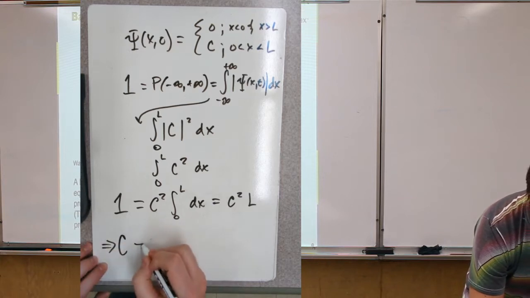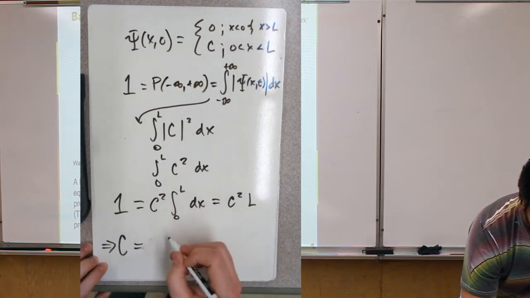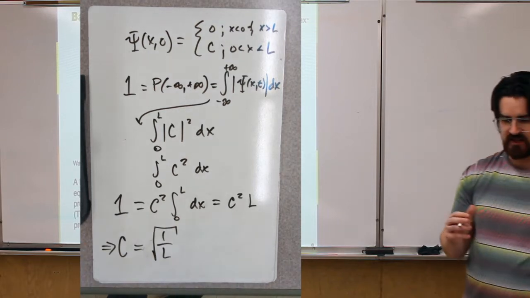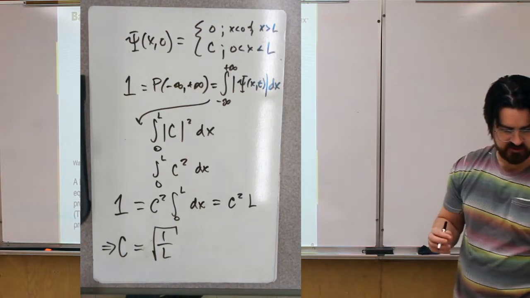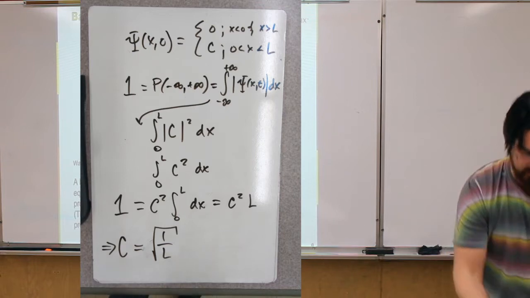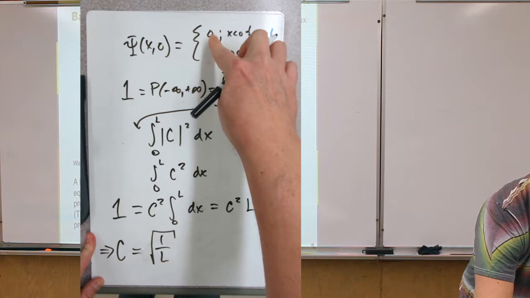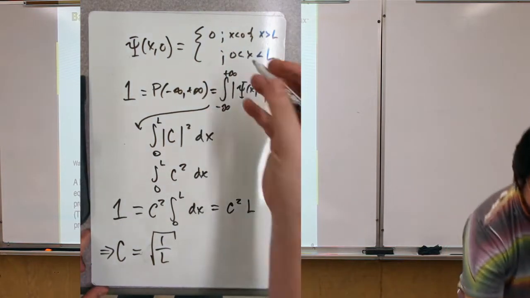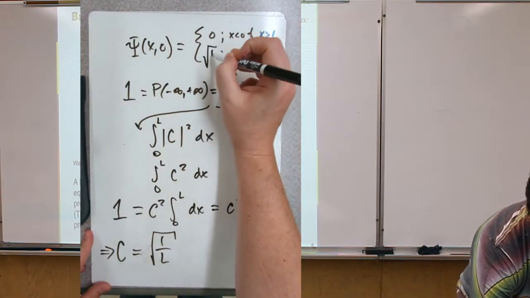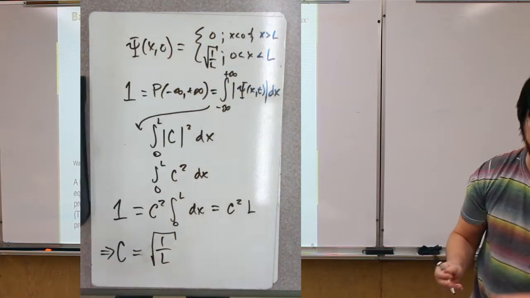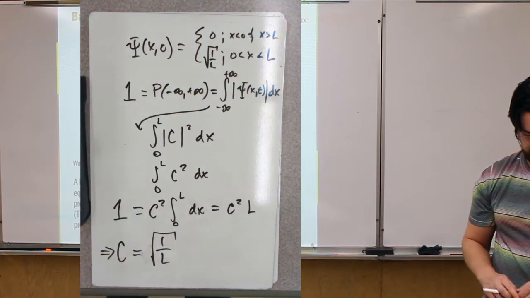This is telling me that constant value that I didn't really know yet is c, the square root of 1 over L, meaning that psi is not just some unknown constant value anymore. It's the square root of 1 over the length of that tube.